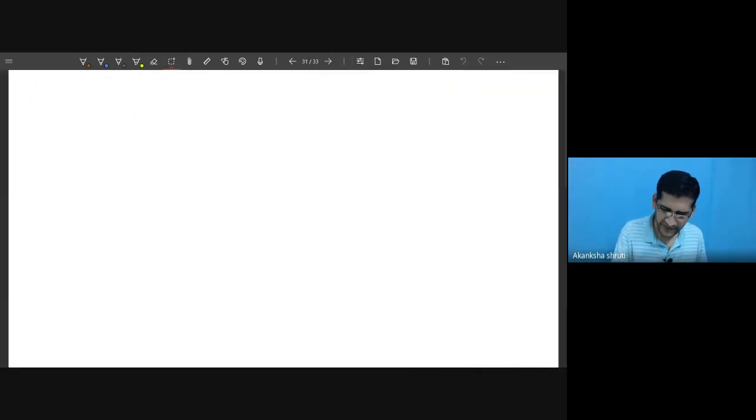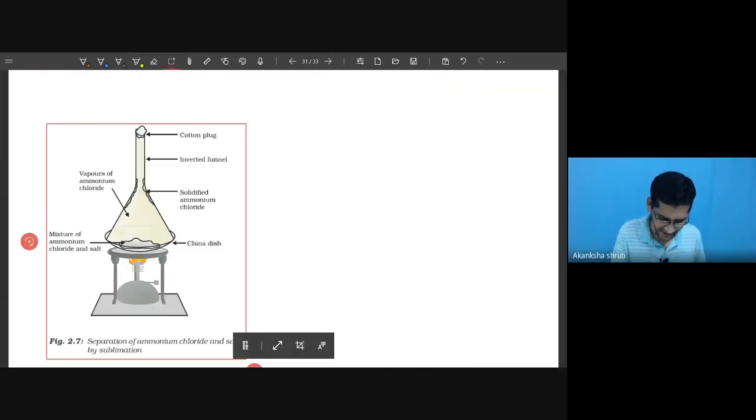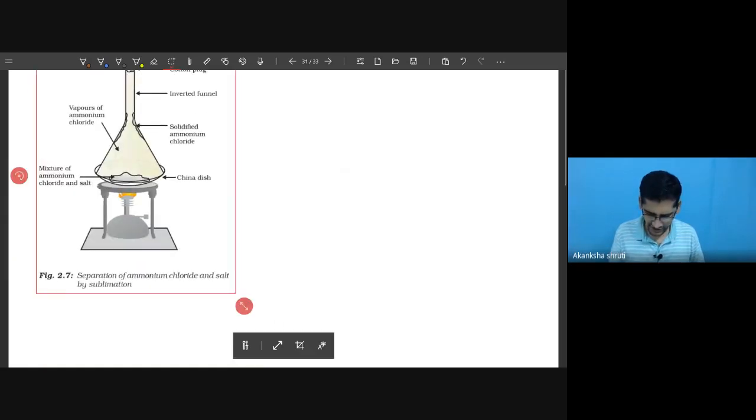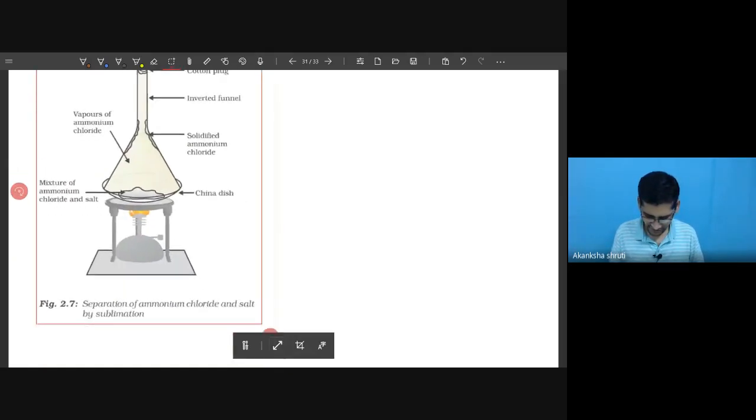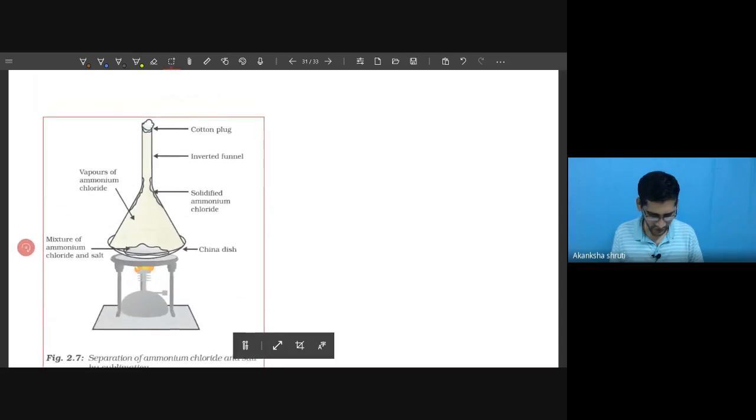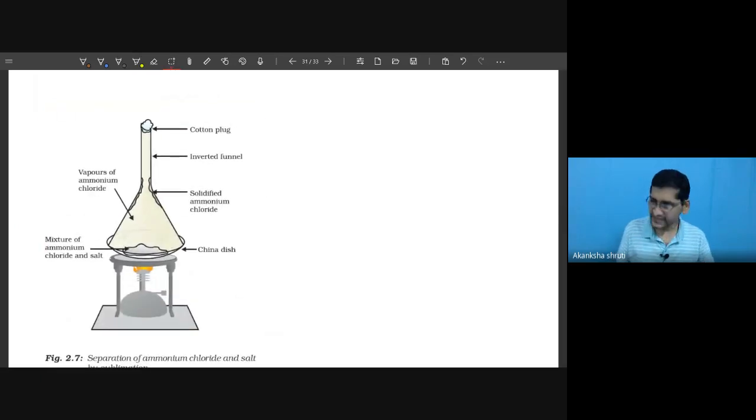So ultimately, what is the apparatus? The apparatus is like this. If we have the mixture of sodium chloride and ammonium chloride, this is the setup made for the sublimation process.